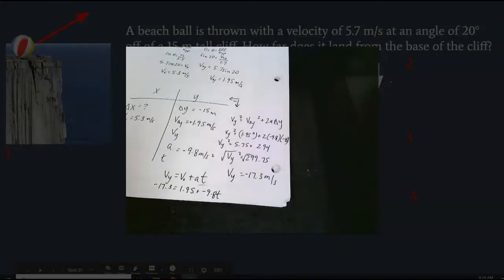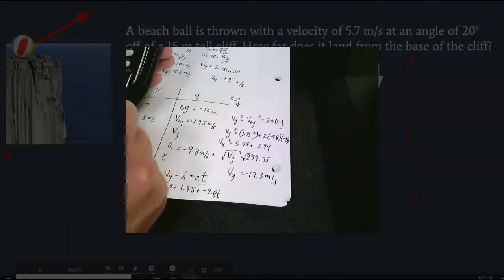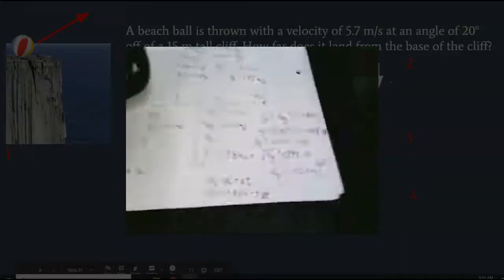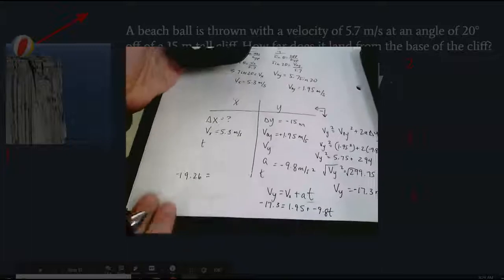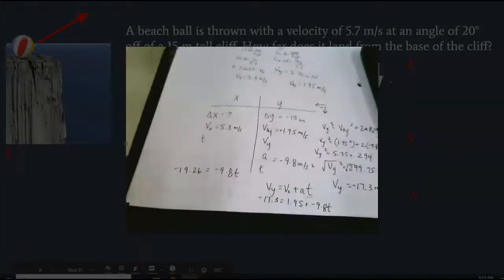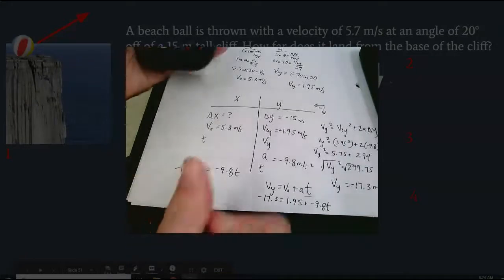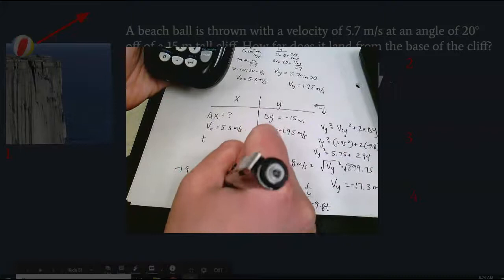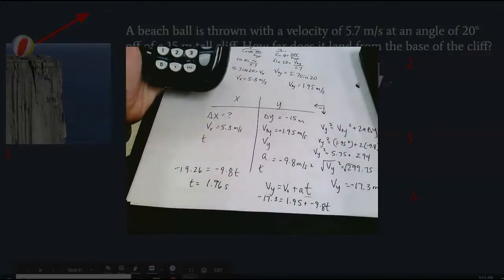So, I'm going to subtract 1.95 from each side, and I get a negative 19.25 equals negative 9.8 t. Divide each side by 9.8. Negatives cancel each other out, and I get 1.96 seconds.